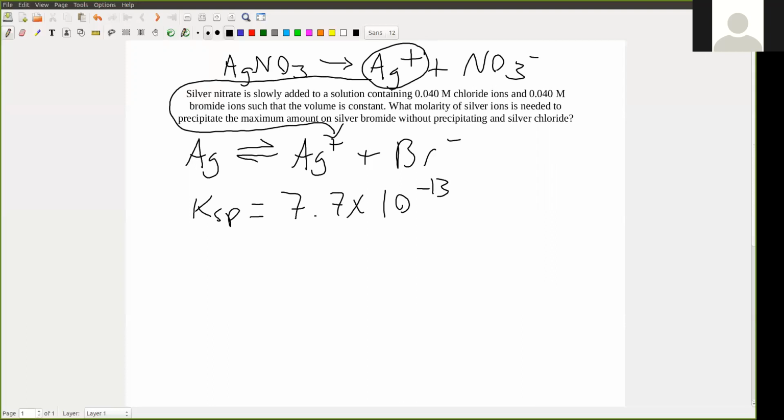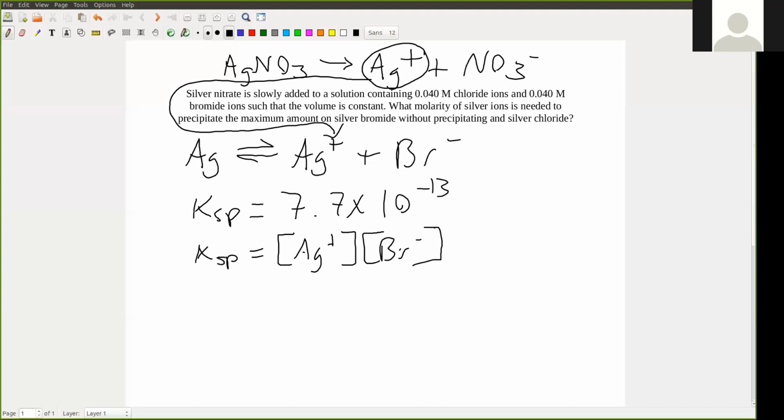All we have to do is set up our Ksp equation for silver bromide. Ksp is equal to the concentration of silver times the concentration of bromide. We don't have to worry about other ions complexing.